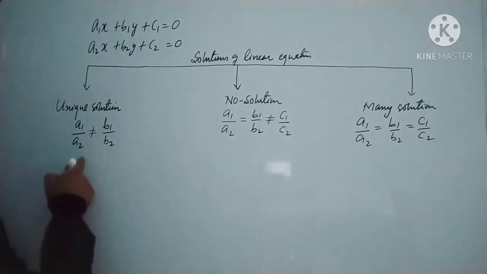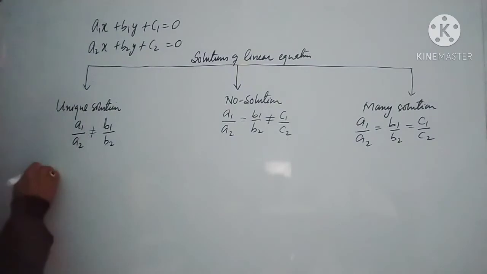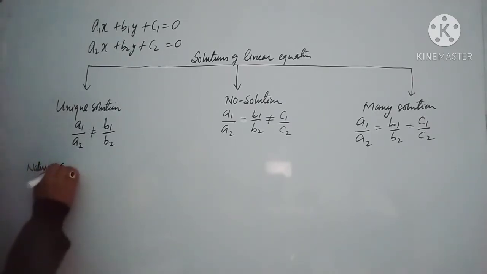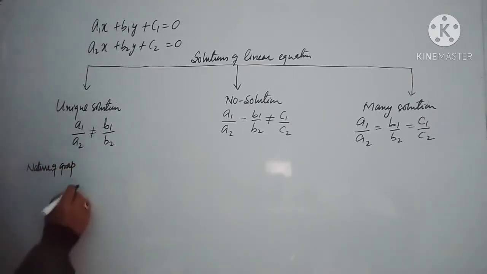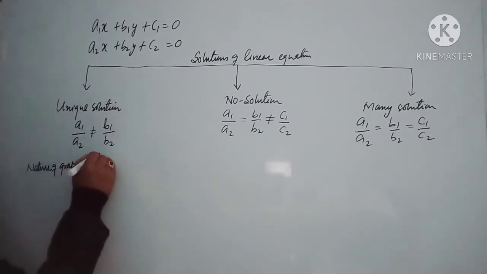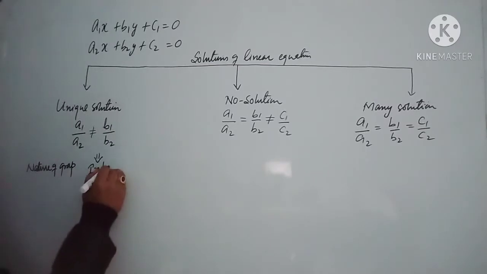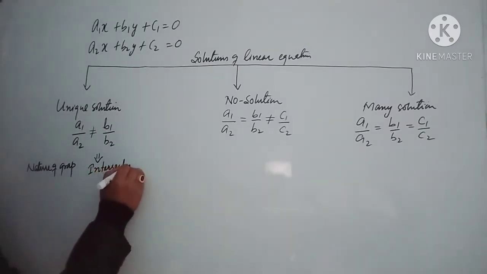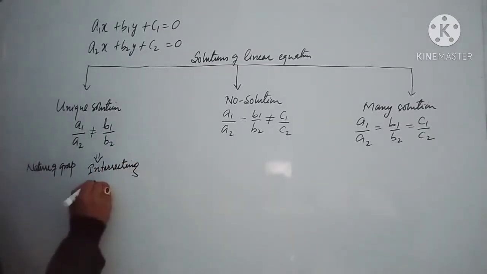Now we need to see the nature of the graph. In case of a unique solution, the nature of the graph is intersecting at a point.